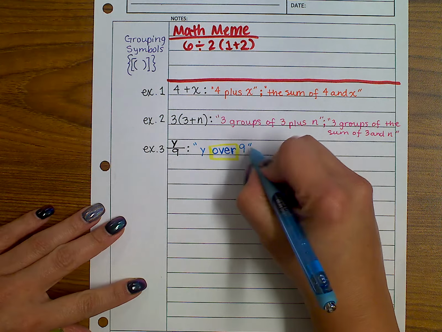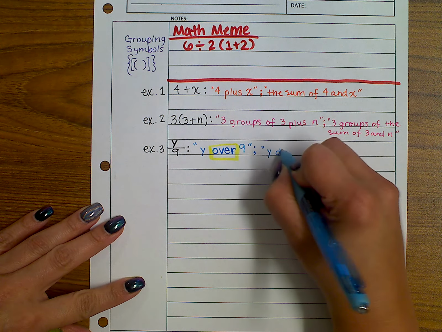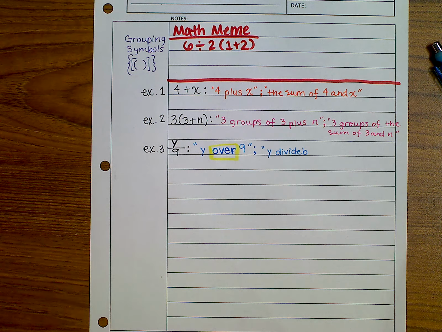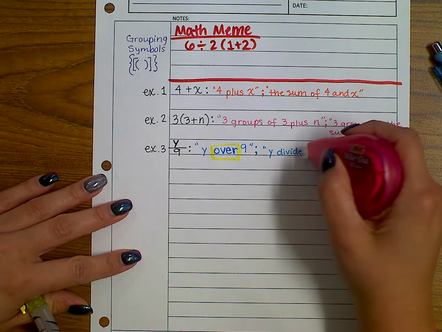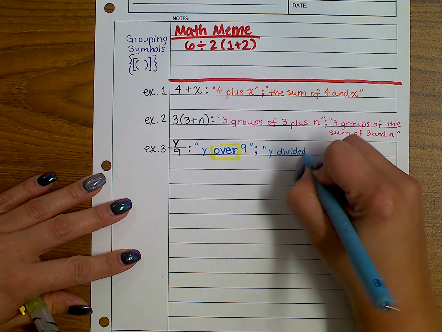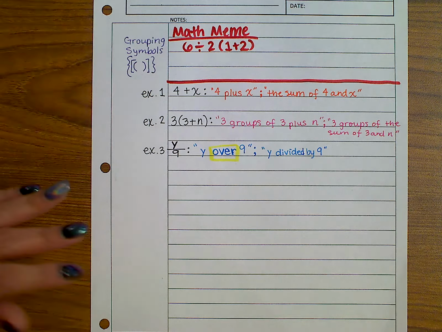Obviously, another way that you could have written this would probably be y divided by, oh, sorry. Oh, I had a little bit too much caffeine today. Divided by 9. There we go.